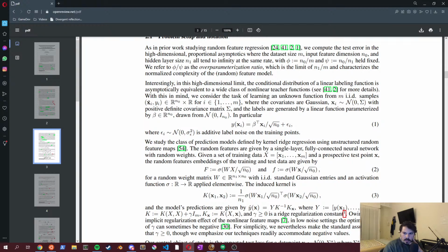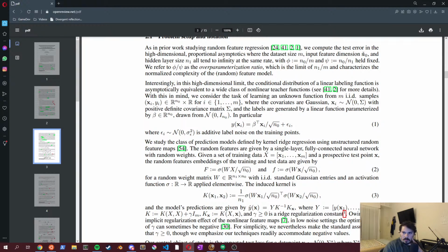So they say that all of the input features are Gaussian in nature, distributed as a Gaussian with a positive definite covariance matrix sigma. And the labels are generated by a linear function parameterized by beta, which is sampled from R^n0.